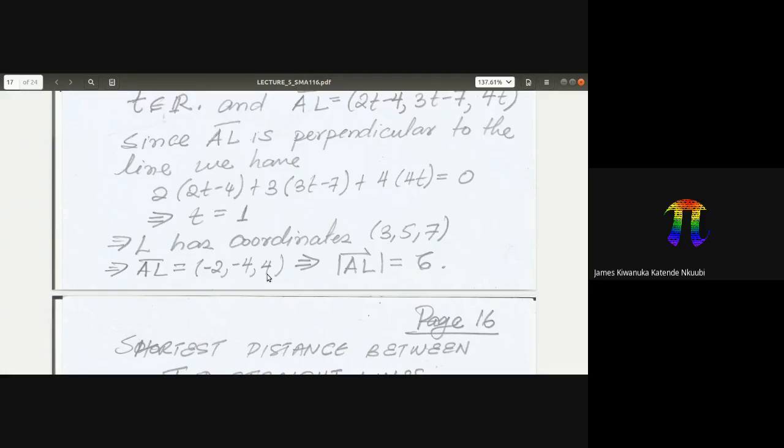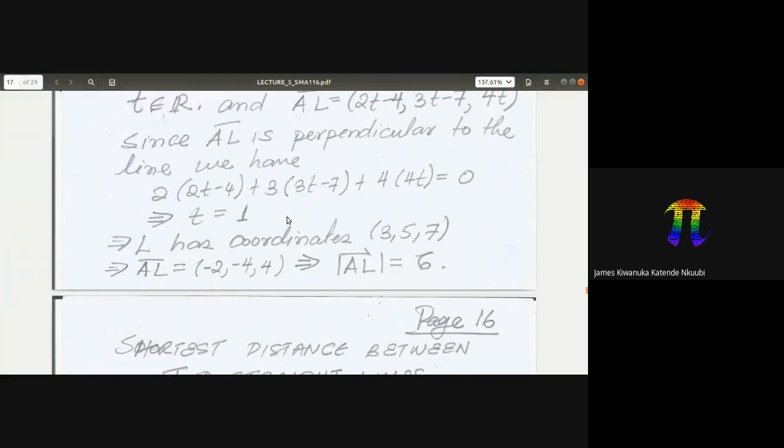Is that correct? And then the magnitude of this should be the square root of the sum of the squares of these things. So if you square this, you have 4. You square this, 16, plus 16, plus 4 will be 36. So the square root of that should give you the magnitude of this vector, the square root of 36.